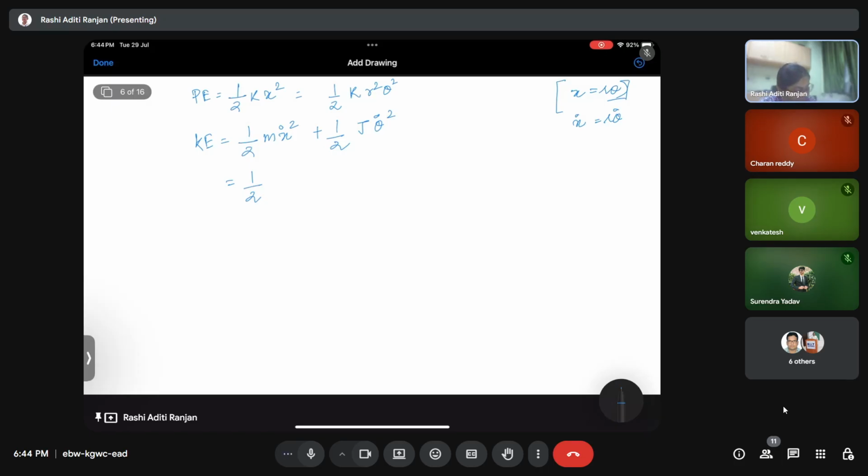Next, we have to differentiate the total energy with respect to time, which is going to be d by dt of kinetic energy plus potential energy.